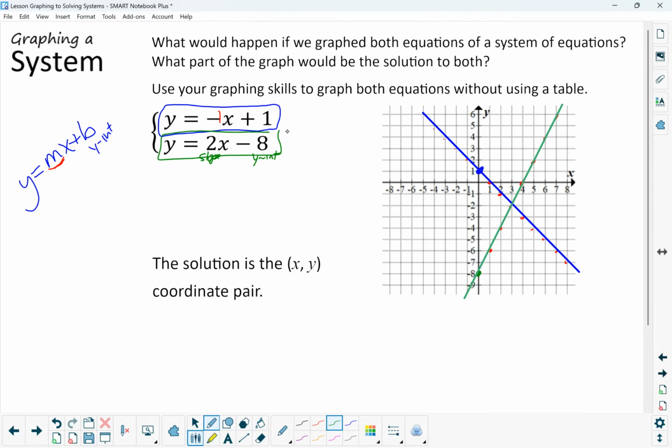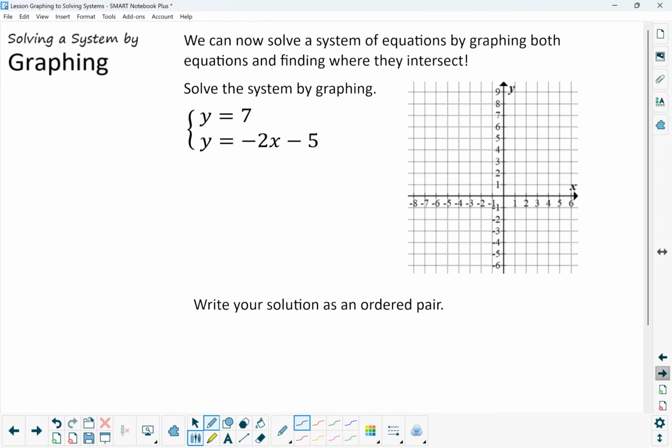So what you might notice is that they have one intersection point, and this is a point where that ordered pair, which is 3, negative 2, that ordered pair works in both of these equations, right? It's on the blue line, it's on the green line. So what we're looking for when we solve systems of equations graphically is we're looking for an intersection. We're looking for where they cross.